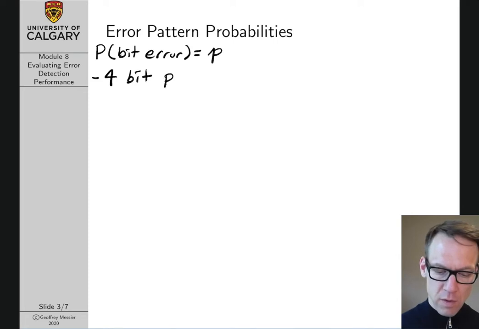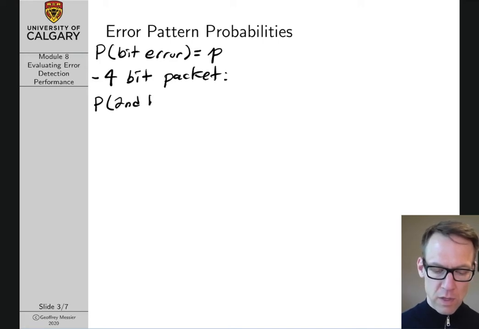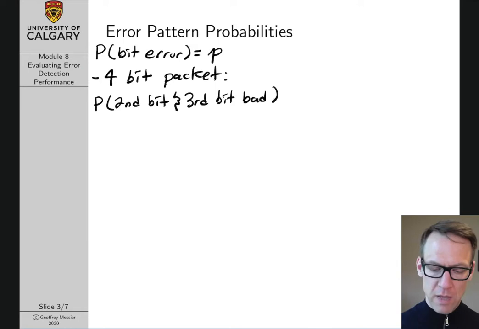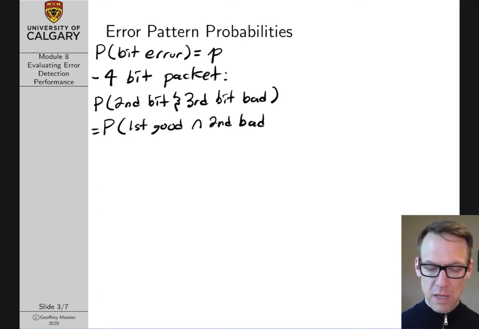The probability that the second bit and third bit are bad is equal to the probability that the first is good and the second is bad and the third is bad and the fourth is good.